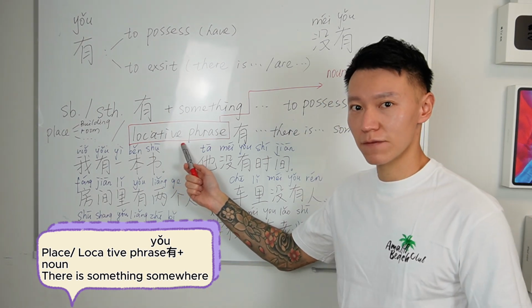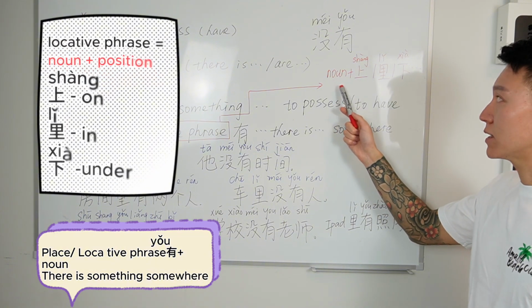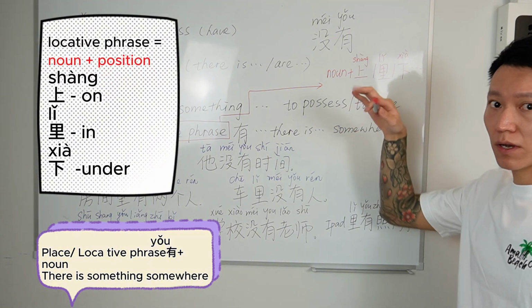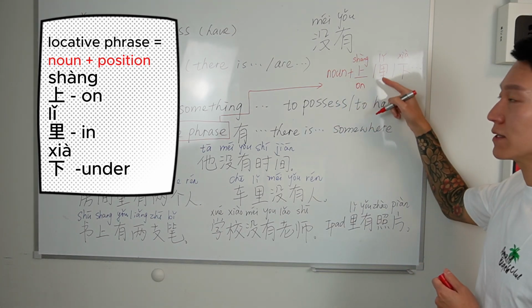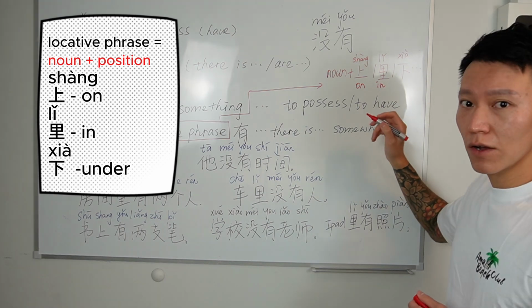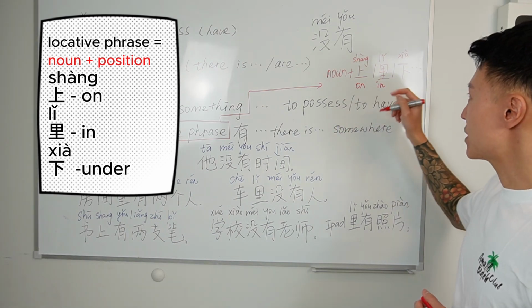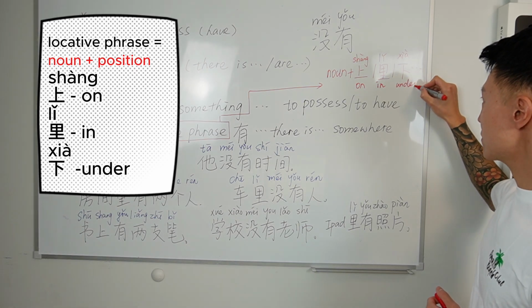What does it mean, locative phrase here? A locative phrase is a noun plus 上, which means on something, or a noun plus 里, which means in something, or a noun plus 下, that is under something.